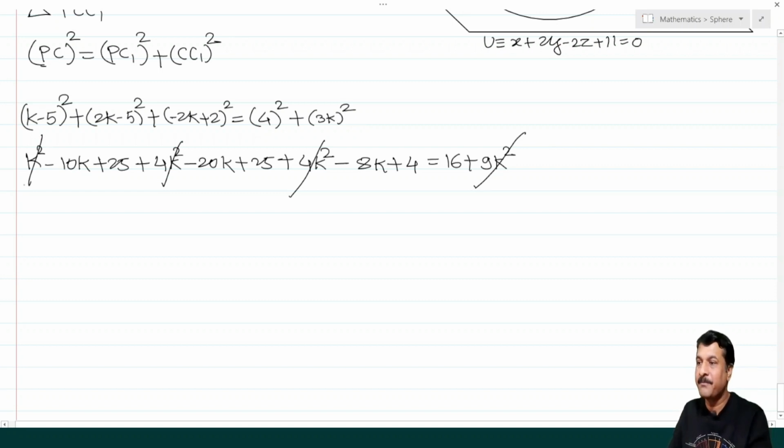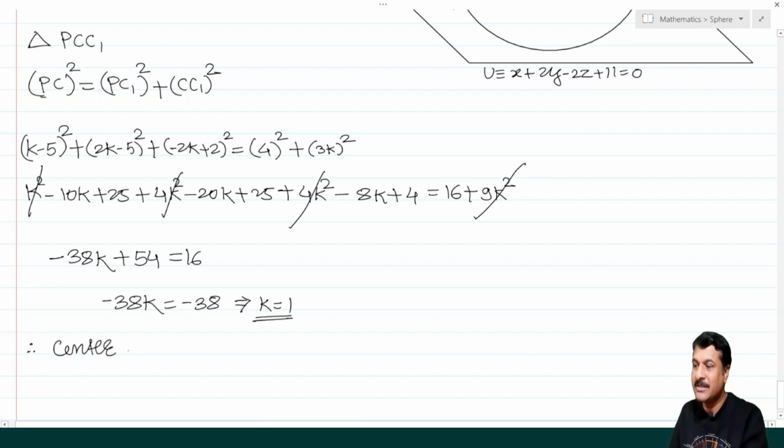Now minus 10, minus 20, minus 8 gives minus 38K, plus 25 plus 25 plus 4 is 54, equal to 16. So minus 38K equals 16 minus 54, which is minus 38, and this implies K equals 1.